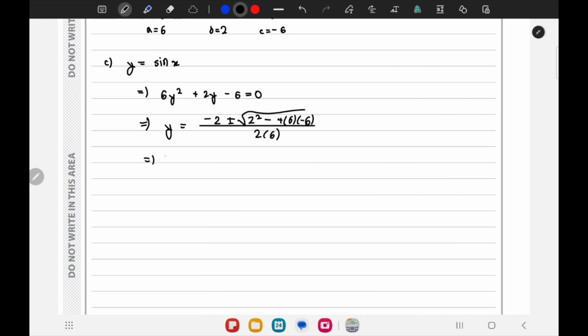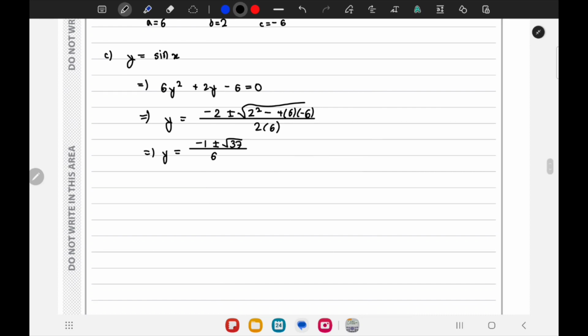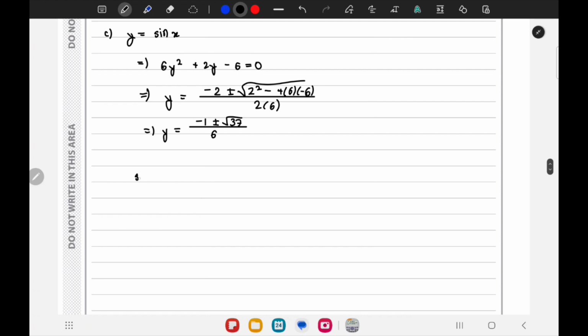So y will be minus 1 plus or minus root 37, all over 6. So sin squared x will be minus 1 plus or minus root 37 by 6.